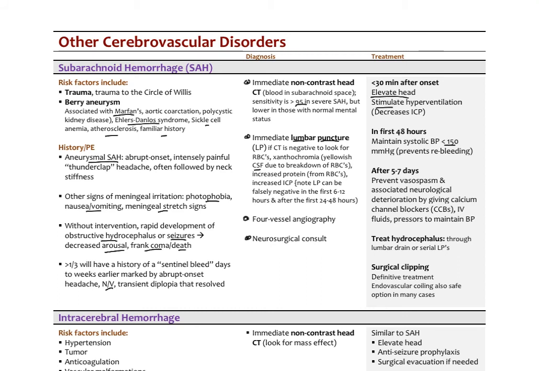And then after 5 to 7 days, to try to prevent vasospasm and further neurological deterioration, drugs such as calcium channel blockers, we'll look at those. They're medications used to lower blood pressure and to also protect the heart. But calcium channel blockers, and then IV fluids, and then pressors, to maintain the blood pressure.